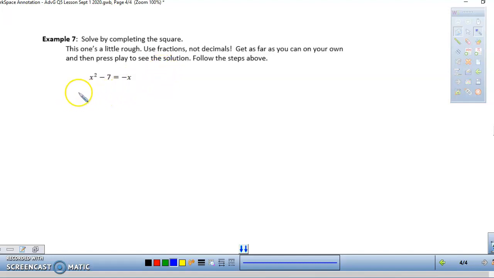Okay, welcome back. So you want to first set it up so that we have it in the correct starting form. We're going to add x to the other side, and then we are going to add 7 to the right. Okay, so you want the ax squared plus bx by itself, and then the c moved over to the other side. Okay, good.